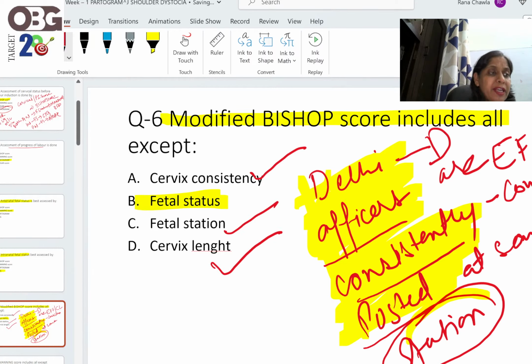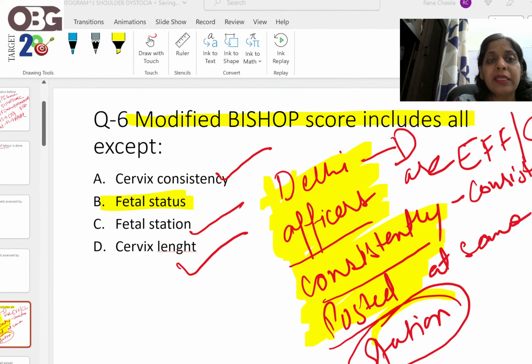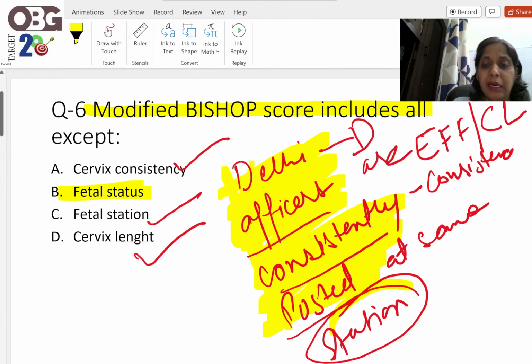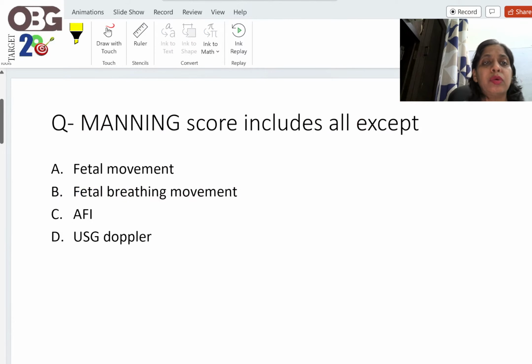In the modified Bishop score, instead of cervix effacement, there is cervix length. Okay, agree? Manning score includes all except, here the answer is ultrasound Doppler.